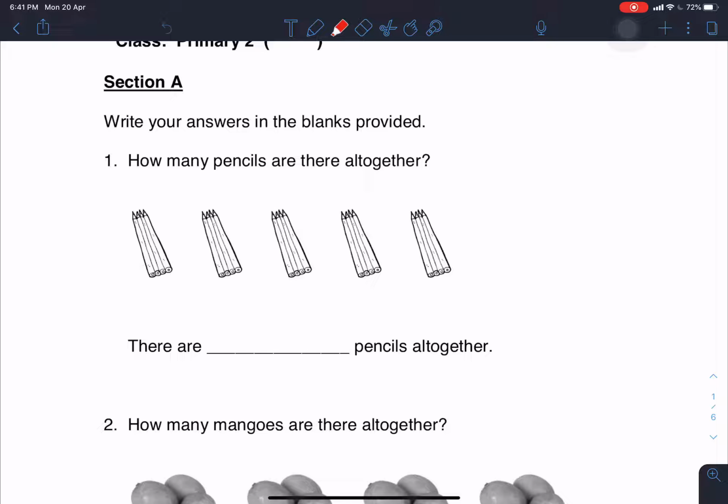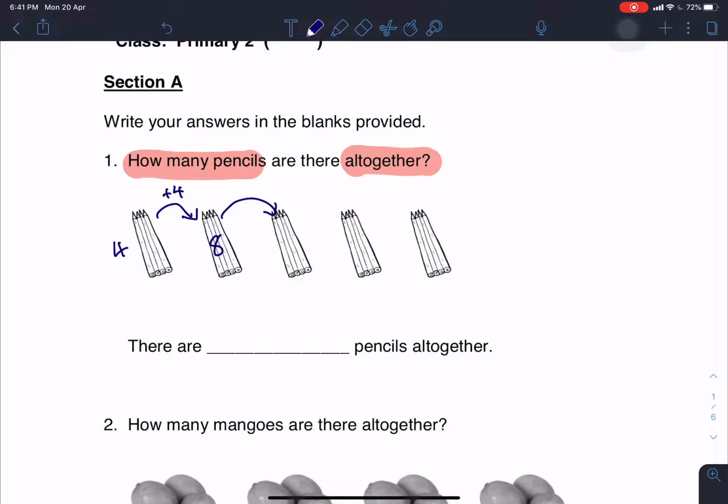How many pencils are there all together? All together, we're talking about multiplication. There are 4 pencils in one set. So we keep adding another 4, which gives us 8.